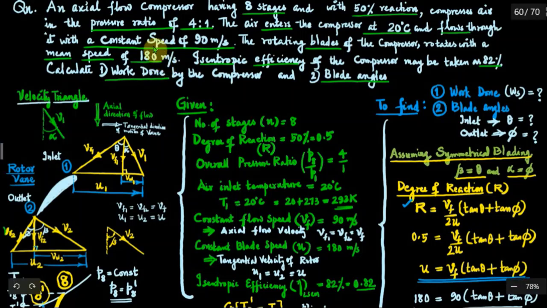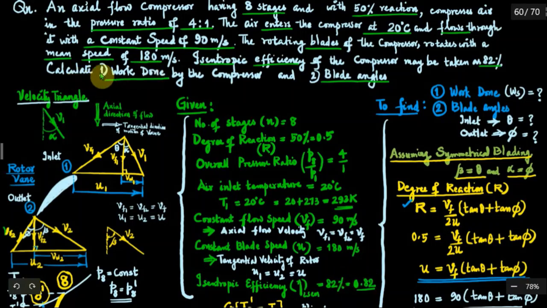U1 is equal to U2 is equal to U, that you know. So, it is denoted by small u, equal to 180 meter per second. Then the isentropic efficiency of the compressor, you can assume that it is 82%, that is given. So, eta isentropic is 82%, that is 0.82.